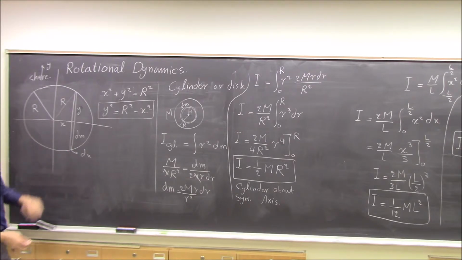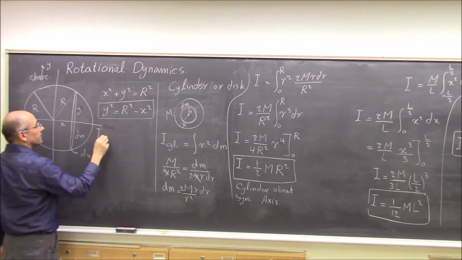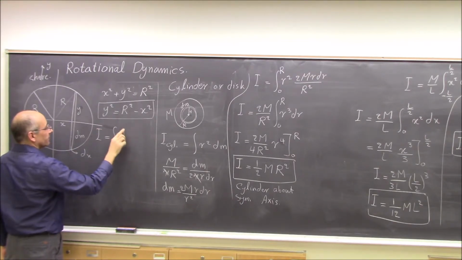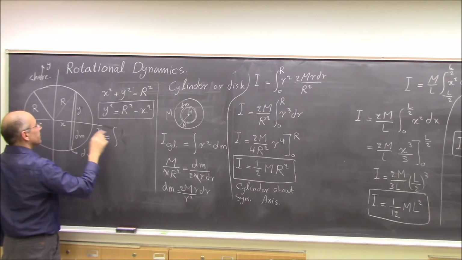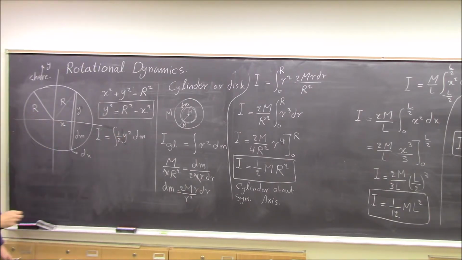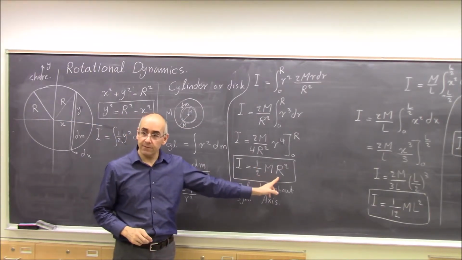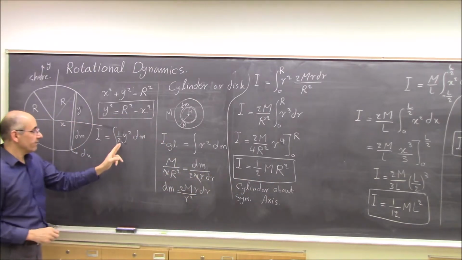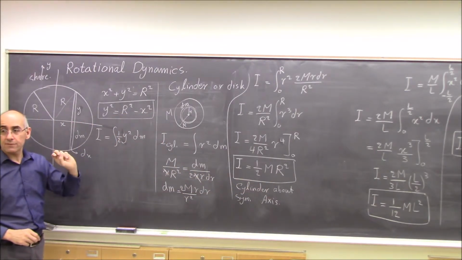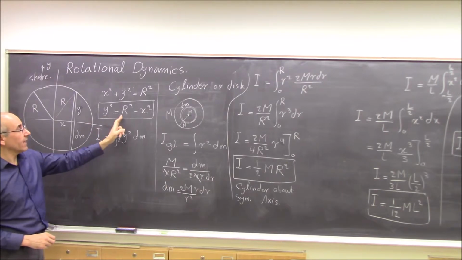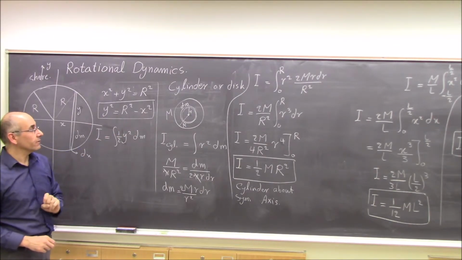And now you can write the I total, integral of dI, where dI for this one is 1/2 y squared dm, right? Because it is like a disk, it has 1/2 its mass times its radius squared. And now we can write y squared as R squared minus x squared.